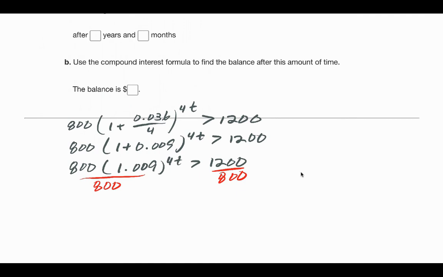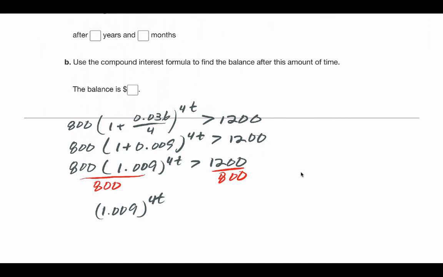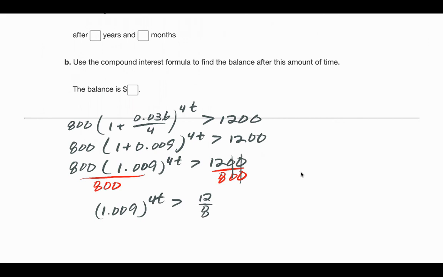So now you'll have 1.009 raised to the 4t is greater than, well, we have matching zeros here, so we can just say it's 12 over 8. And I would go ahead and leave it like that for right now, people, and see what happens.